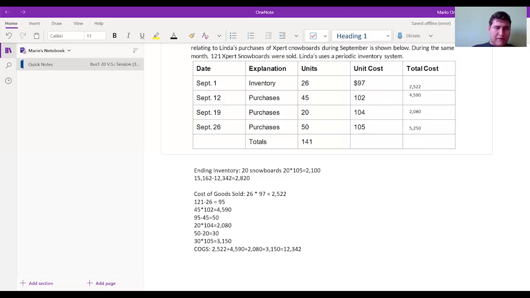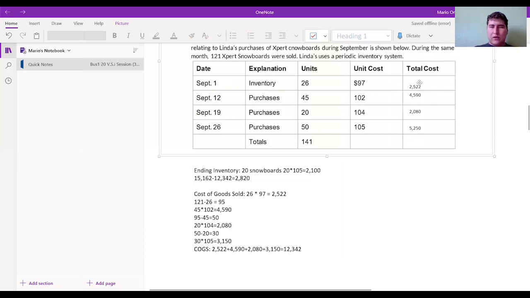Where did I get the 15,000 from? Is that the 15,000 from right here? Is that where you're asking? If you go right up here to the total cost, it's basically the aggregate cost of all of the purchases and beginning inventory.